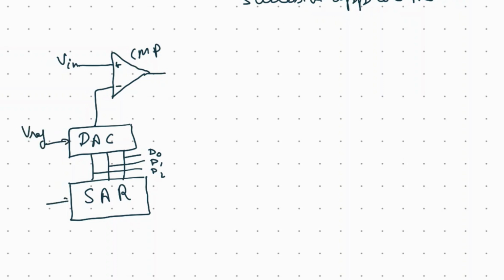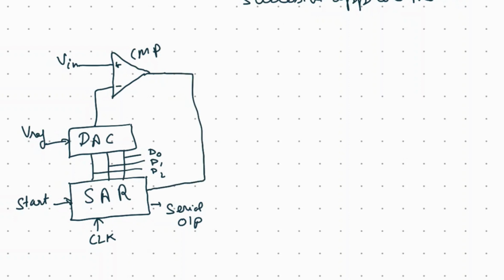The input to this digital to analog converter is a successive approximation register, and the output of the comparator is again fed to the successive approximation register.